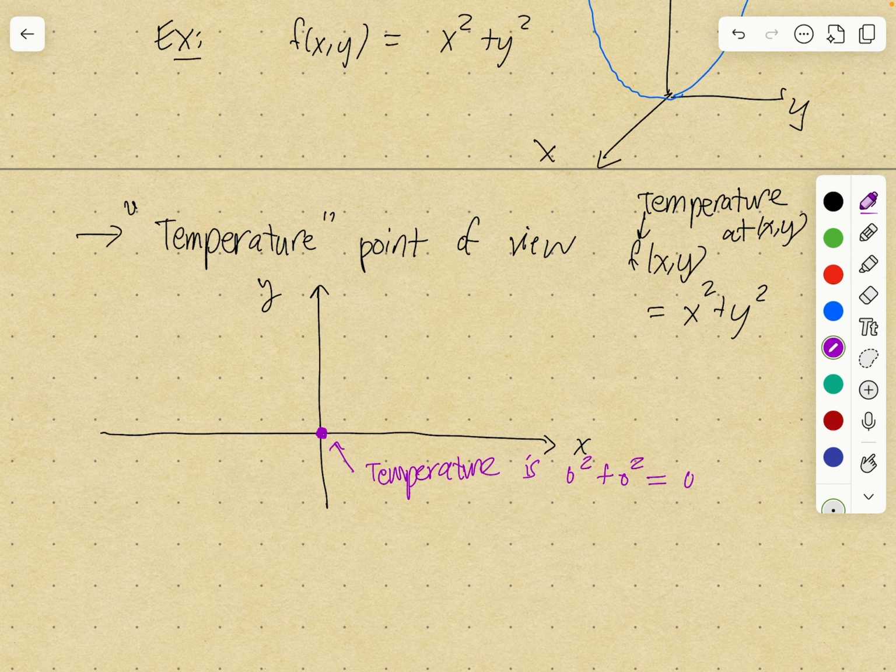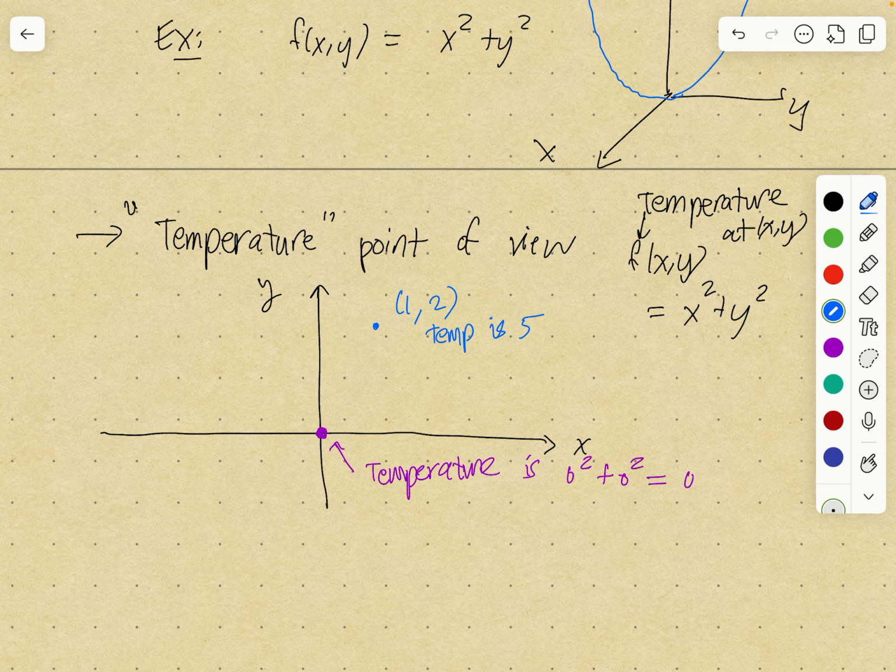So at the origin, it's 0 degrees. Okay. What happens if you're at the point 1, 2? Well, if you're at 1, 2, then the temperature is 1 squared plus 2 squared, which is 5. Okay, so 5 degrees at the point 1, 2.